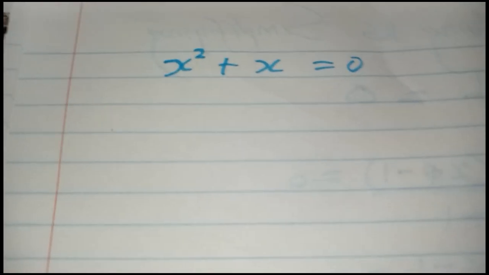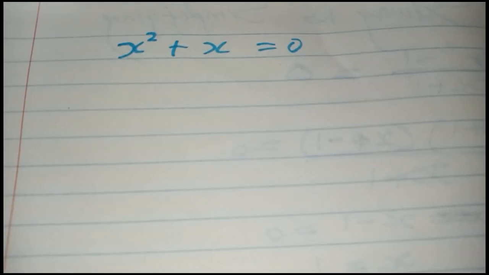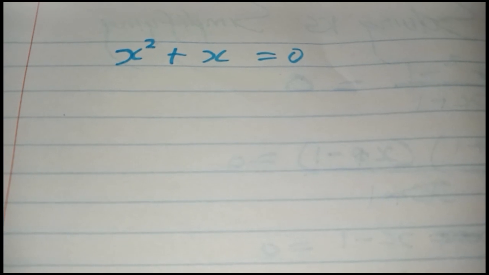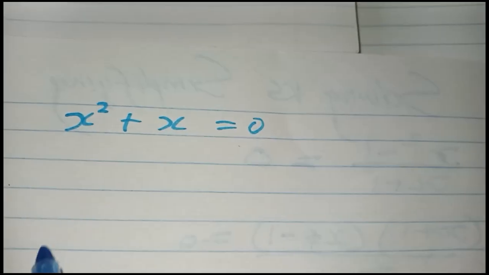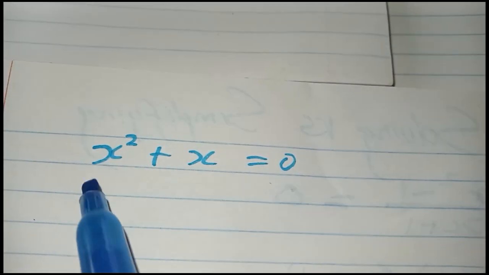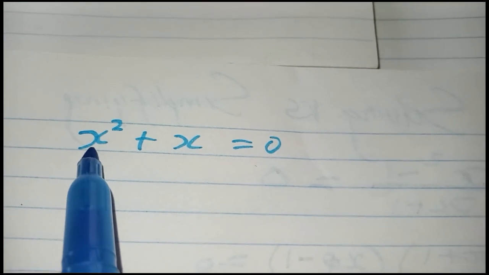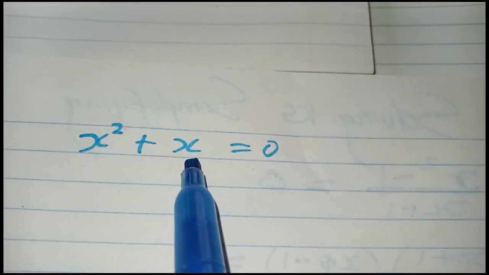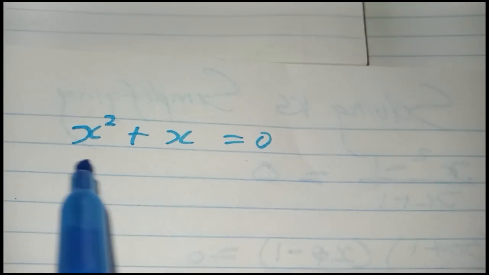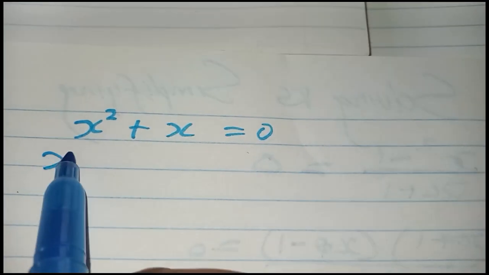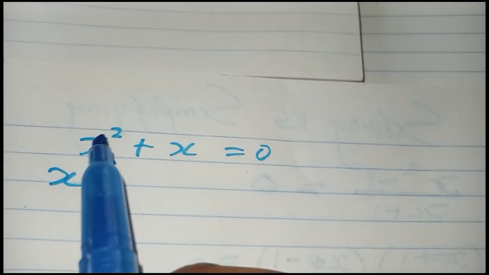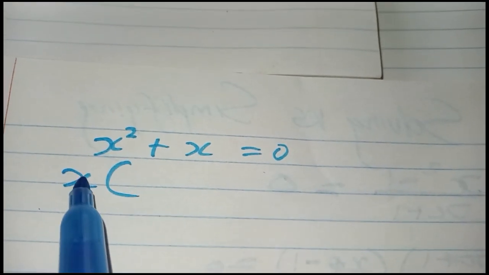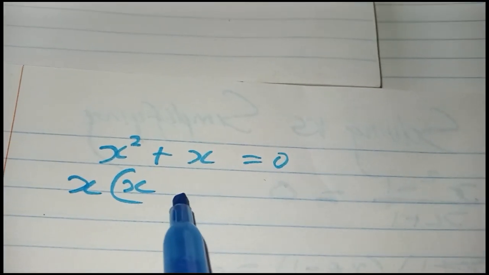Right. So let us just say we were given something like this and we were told to solve for x, right? What another person would have done here would have been to say, oh, we have an x here and we have an x here. So why can't I just take a bracket out and realize that for me to get x squared, I need to multiply this x with x, right?